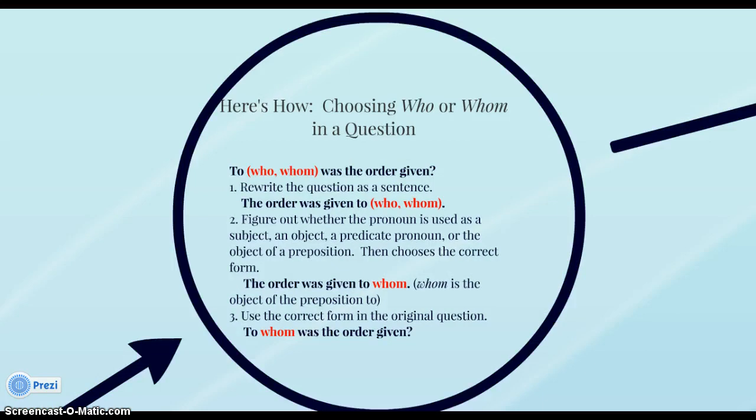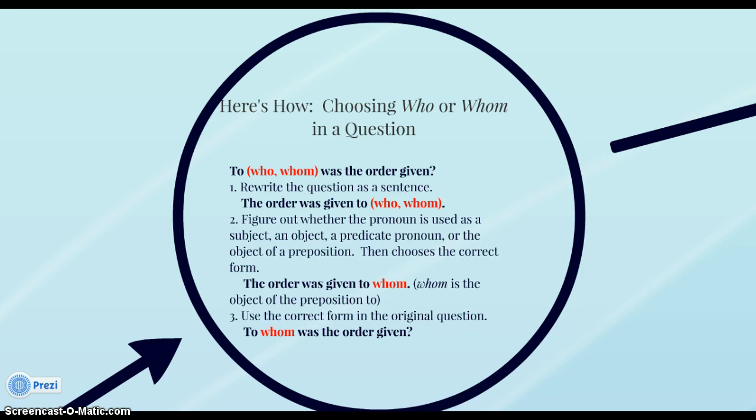So let's look at an example sentence. Are we going to say to who was the order given or to whom was the order given? First thing to do is rewrite the question as a sentence. So now we have the order was given to who or the order was given to whom. We have to figure out which one of those is right. Now we need to figure out whether the pronoun is used as a subject, an object, a predicate pronoun, or the object of a preposition.